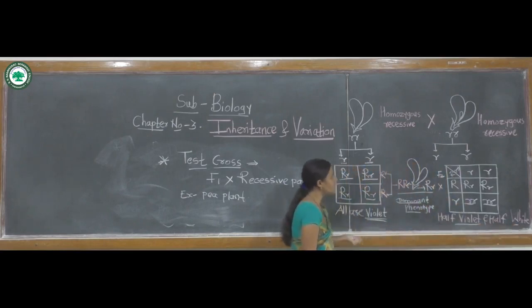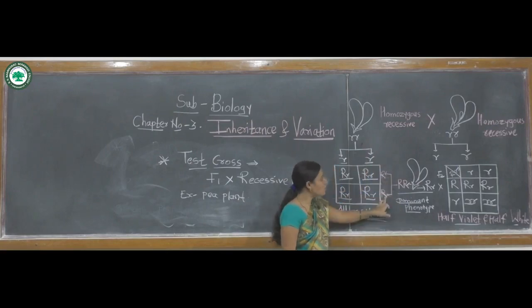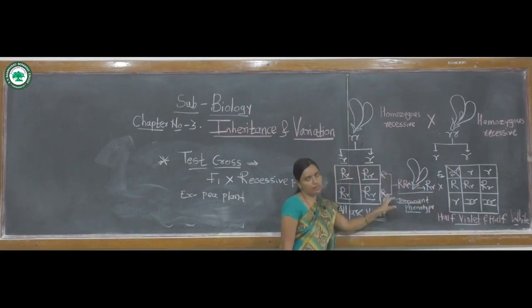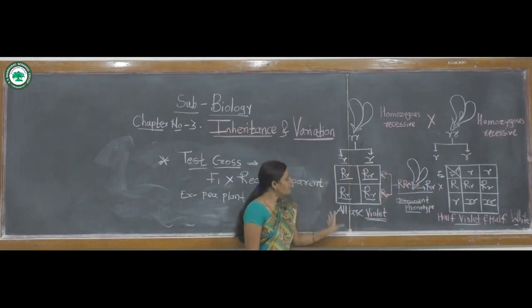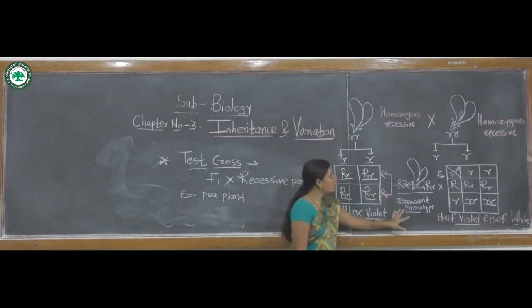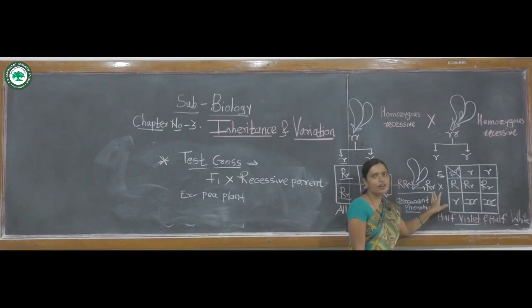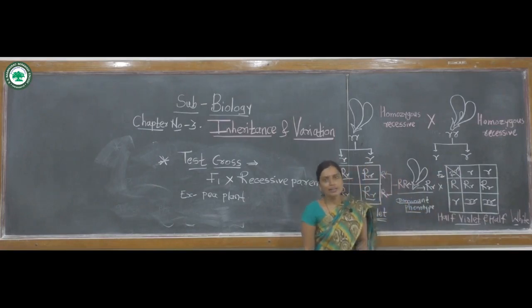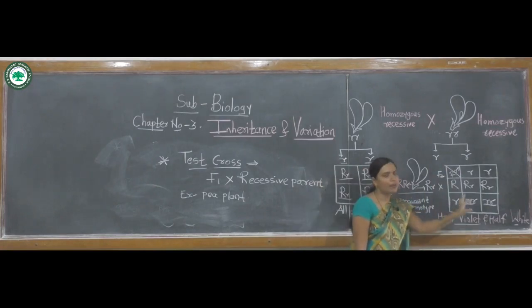Hence in this test cross, the F1 unknown genotype is crossed with the recessive parent. This unknown genotype is homozygous or heterozygous. With the homozygous unknown genotype, all flowers produce violet color, but when the heterozygous F1 is crossed with the recessive parent, half the flowers are violet color and half are white color.